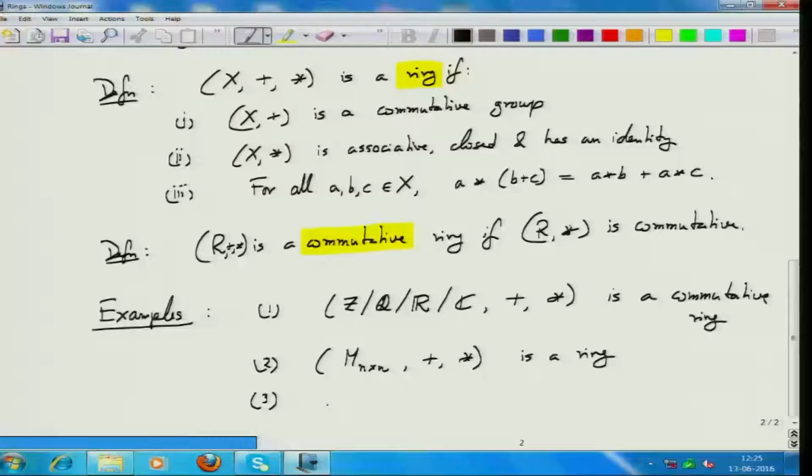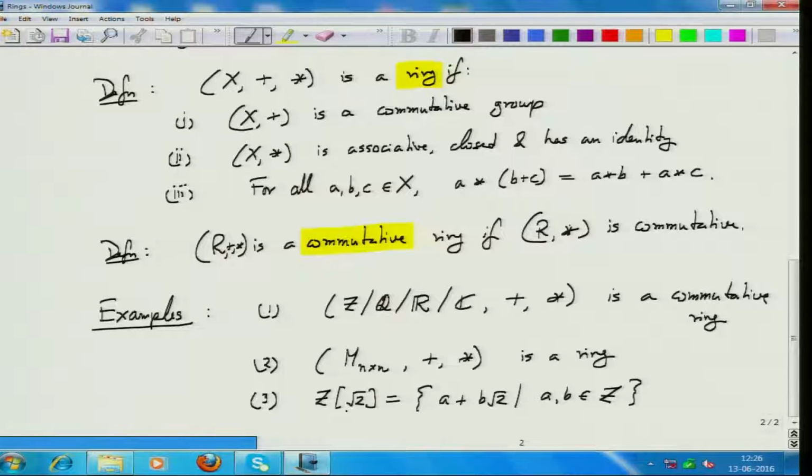Probably you mean a plus b root 2, where a and b are both integers. So that's indeed a ring.